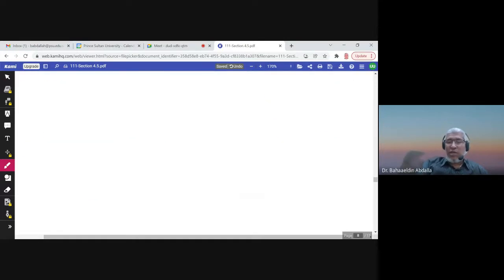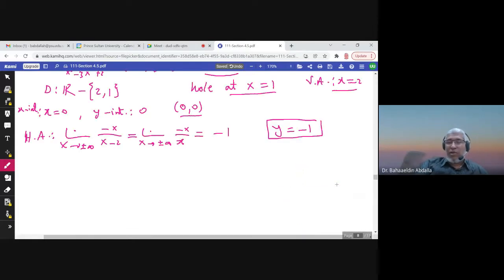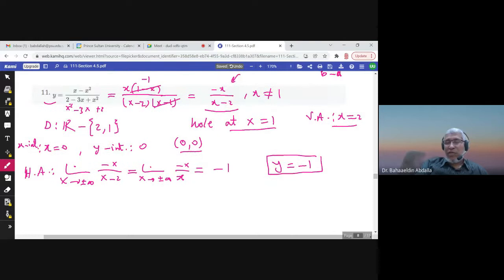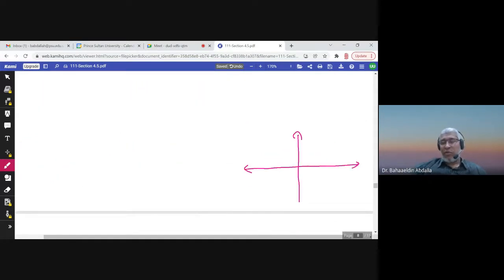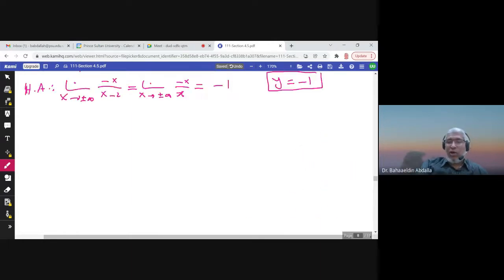So this is a lot of information. Let me put it here, or at least when you put the information like this, step by step, maybe you make it easier for yourself. x equals 2 is a vertical asymptote. At x equals 1 is a hole.